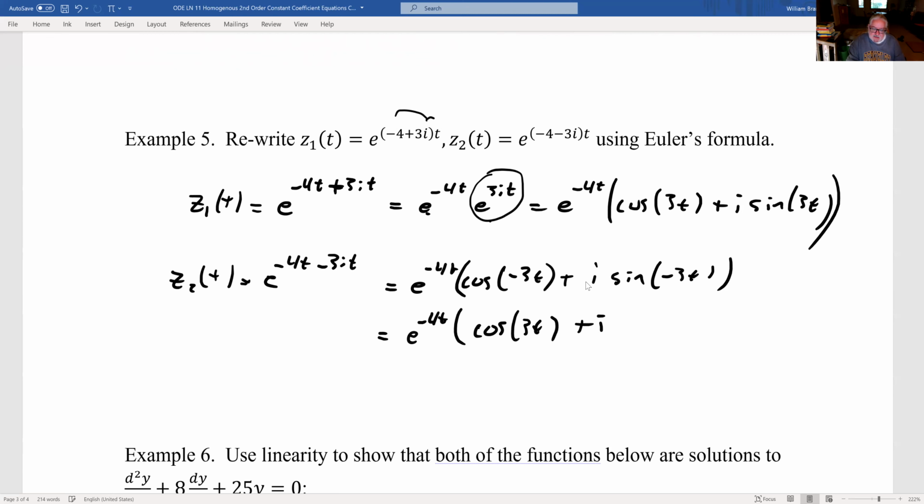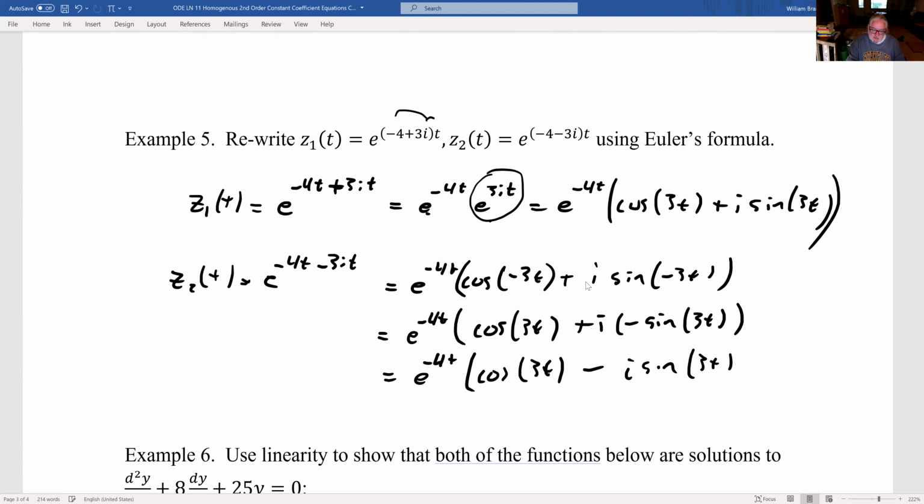And sine is an odd function, so the minus sign comes out of sine. And then finally, cosine 3t minus i sine 3t. So changing the sign on the i from plus to minus ended up changing the sign on the i down here too.